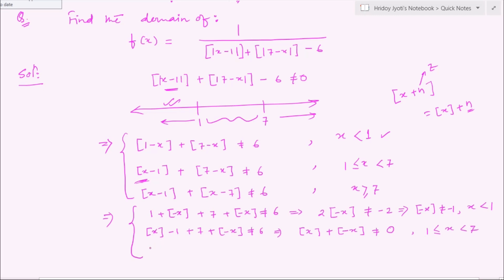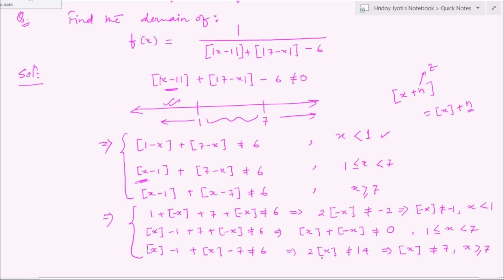And for the third case, we'll be getting GIF of x minus 1 plus GIF of x minus 7 not equal to 6. From here we'll be getting twice GIF of x is not equal to 14, meaning GIF of x is not equal to 7 when x is greater than or equal to 7.